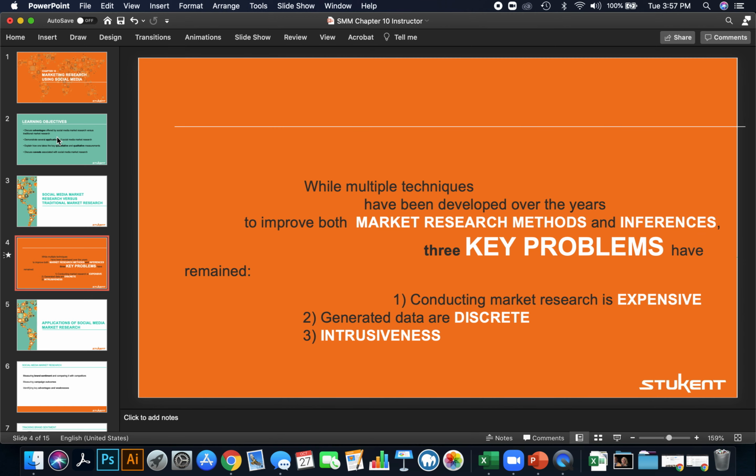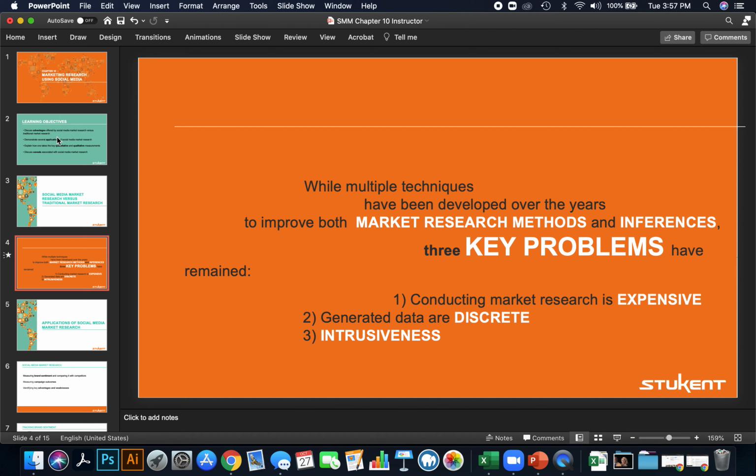While multiple techniques have been developed over the years to improve both market research methods and inferences, three key problems have remained. Conducting market research is expensive. Think about putting together focus groups or putting together interviews, doing polling, surveying.